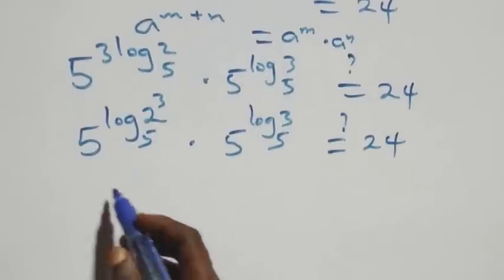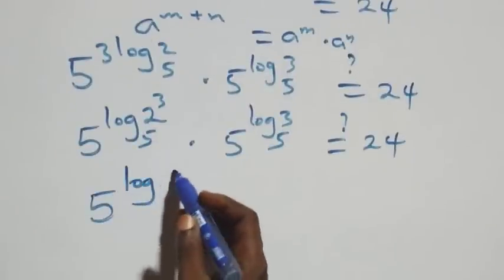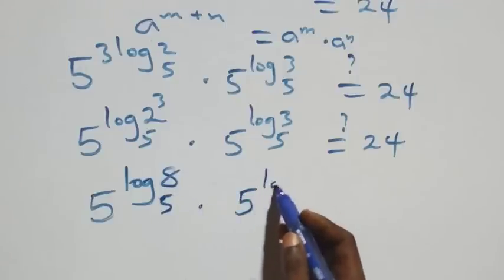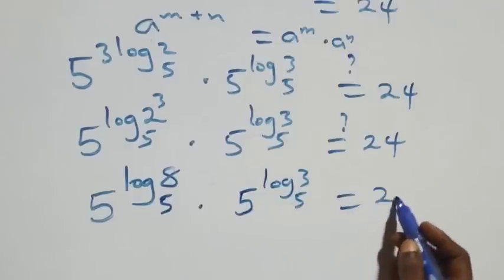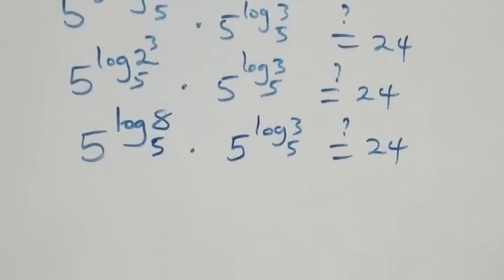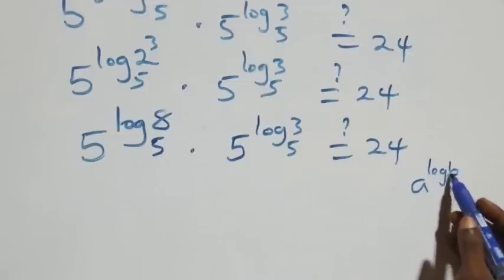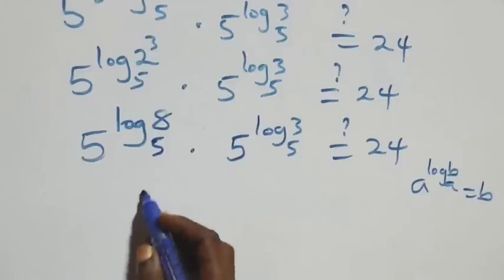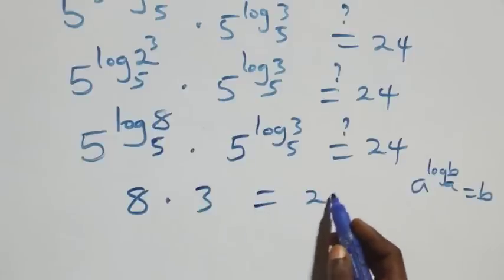Then this is the same thing as 5 raised to power log 2 raised to power 3, that's 8, base 5 times 5 raised to power log 3 base 5 equals 24 on this side. That is, what we have here follows when we have a raised to power log b to base a, which equals b. That is, here we have 8 times 3 equals 24 on this side.